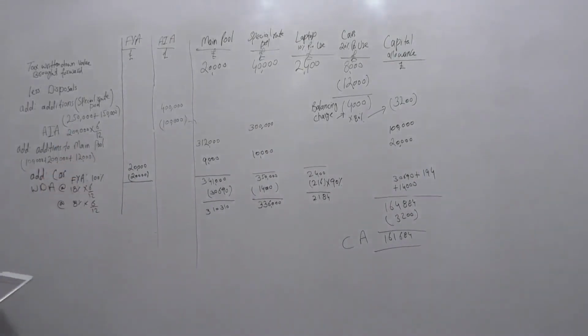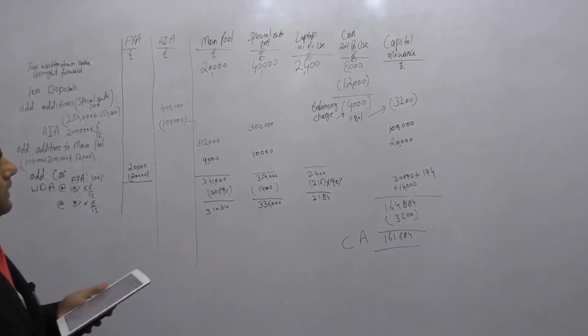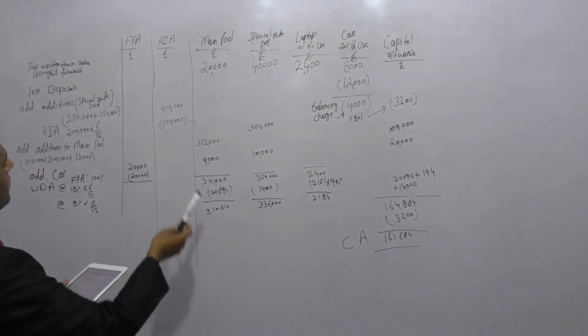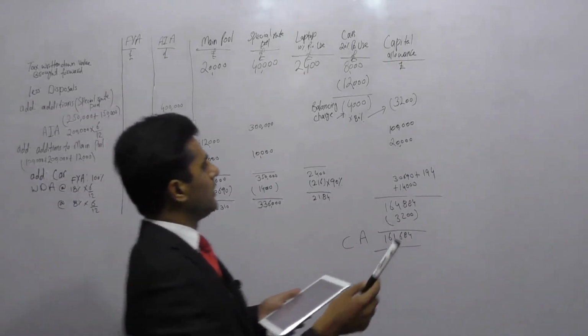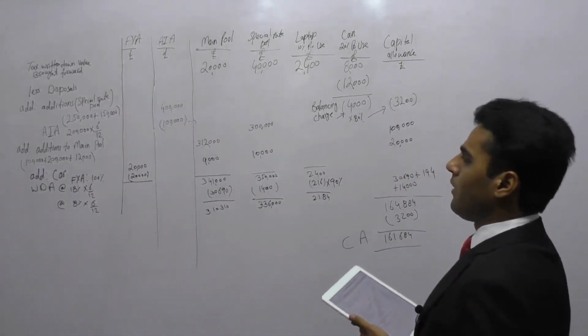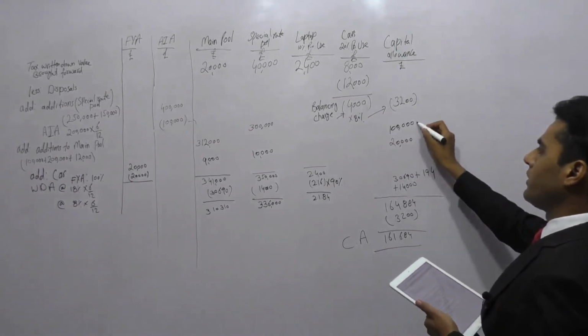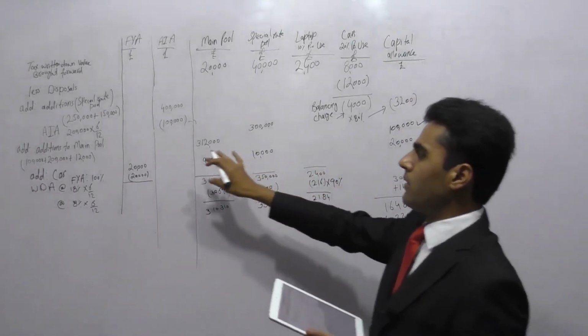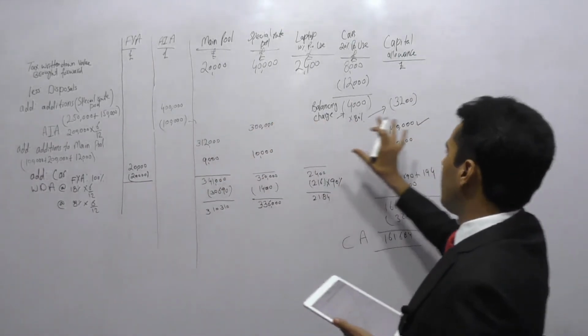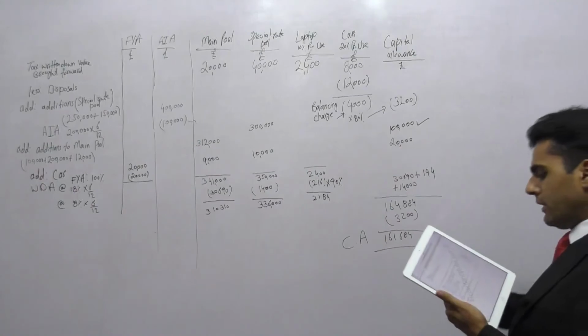So 200,000 times 6 over 12, which will be £100,000. So that is our annual investment allowance. Now this annual investment allowance, which is £100,000, is our capital allowance. So that's why I've written £100,000 capital allowance here, because this column is for capital allowance. So whatever I am claiming as capital allowance, I will put the final figure here as well. All right.